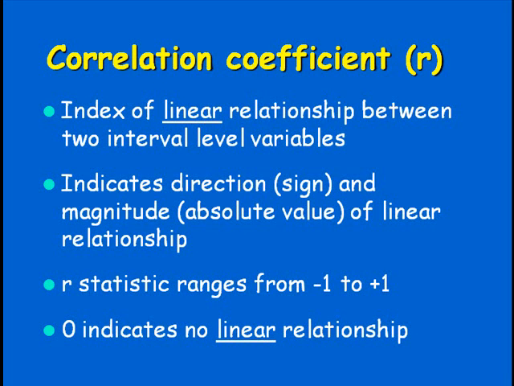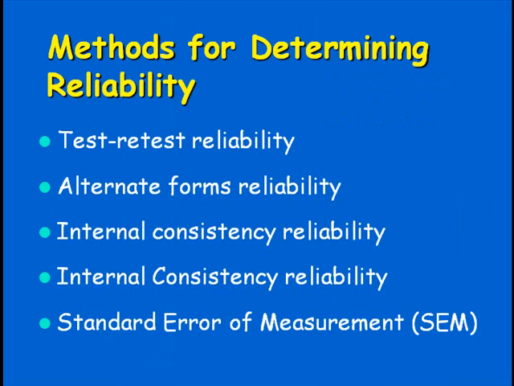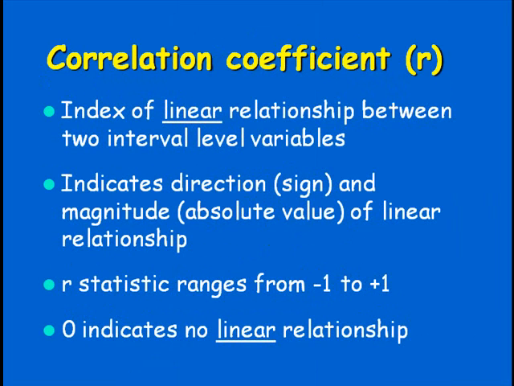The sign of the number indicates the direction of the relationship, and the absolute value of the number represents the magnitude of the relationship. And any R close to 0, approximately 0, indicates that there's no linear relationship between variables.